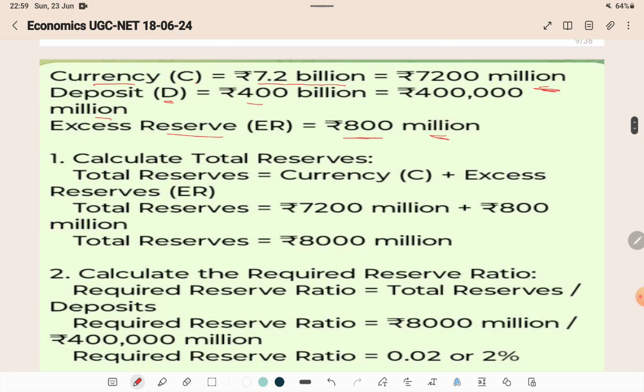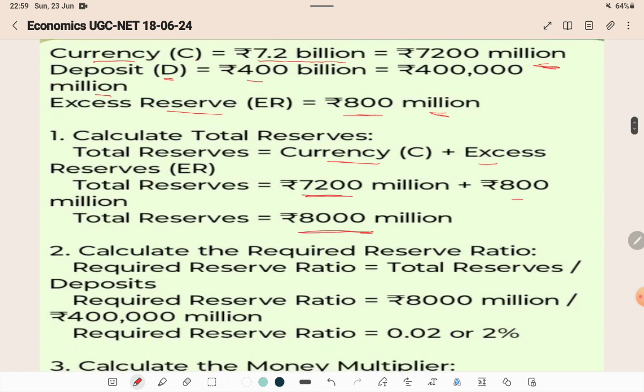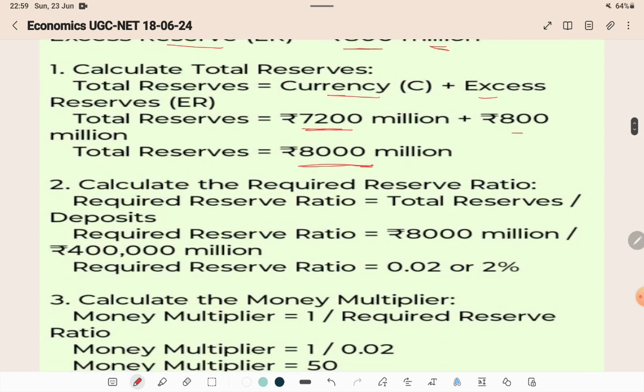Now calculate total reserves. Total reserves is equal to currency plus excess reserves. So total reserves will be 7,200 million plus 800 million, so total reserves will be 8,000 million. The next step is to calculate the required reserve ratio. The required reserve ratio will be the total reserves divided by deposits.